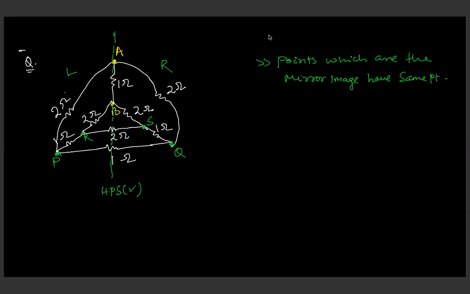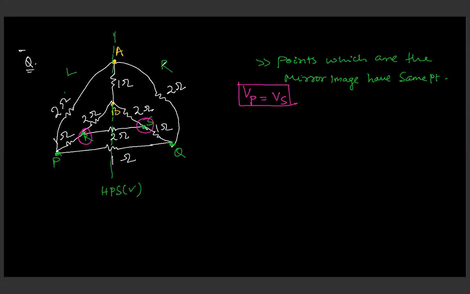So let us find those points which are the mirror image of the other one. Yes, I found the points R and S. One of those points is R and its mirror image is S. So I can directly write down that VR should be equal to VS.